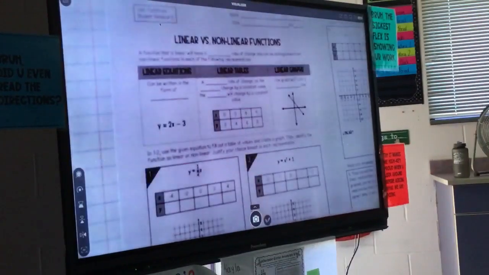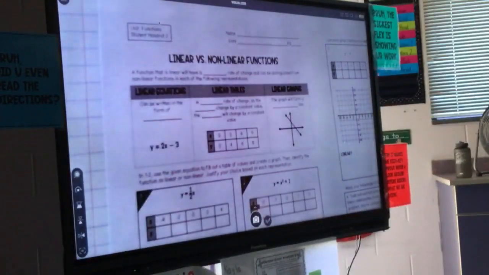So today we are going to be discussing how to determine if something is linear or non-linear.